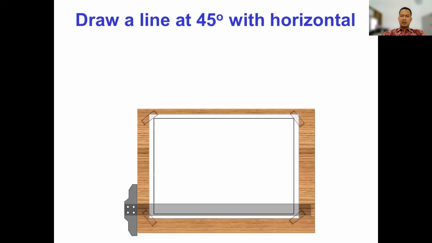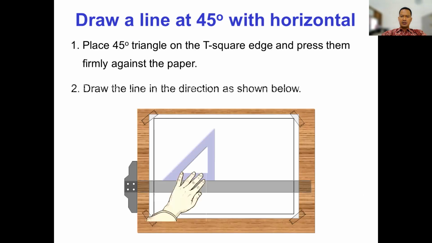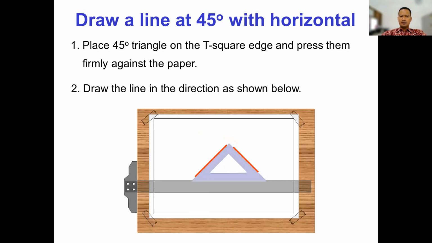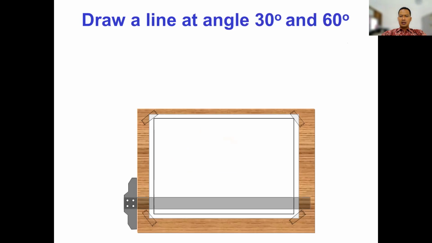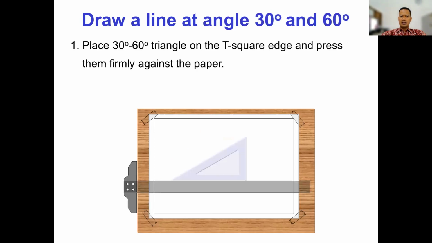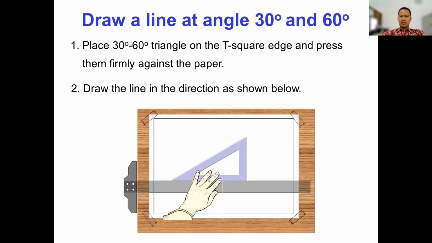Draw a line at 45 degrees with the horizontal line, and then draw the line in the direction shown in the figure like this. And for other angles, 30 and 60, you can use the triangles: place the 30-60 triangle on the T-square, and press them firmly against the paper. Draw the line in the direction as shown on the screen, like this.